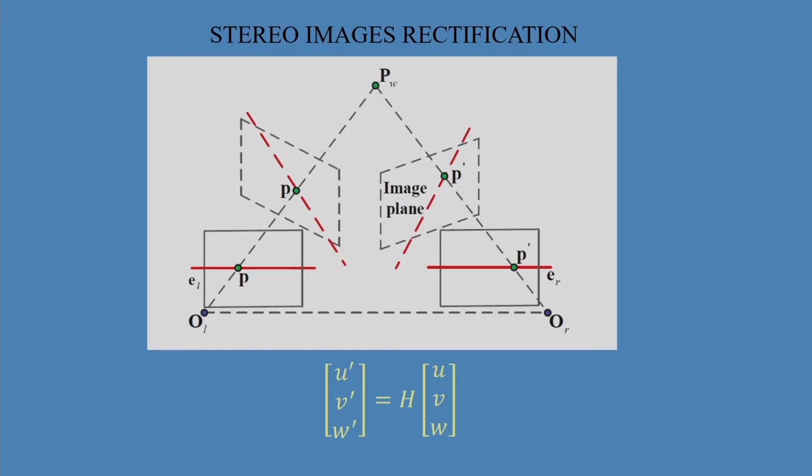So in this case I have shown that one is the general camera configuration. In the general camera configurations, epipolar lines are not parallel, but in the second case, if you can see here, I am considering the canonical configuration. In the canonical configurations, the epipolar lines are parallel. Now in this case I have to do some transformation to convert the general camera configuration into canonical configuration.